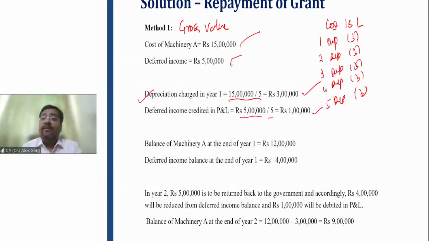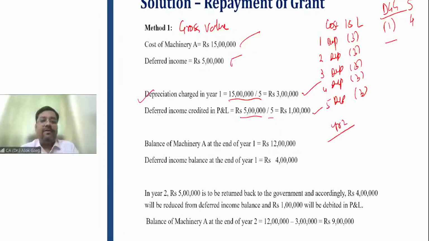What about the deferred government grant? The deferred government grant was 5 lakh rupees. In year 1, it was amortized by 1 lakh rupees. The balance was 4 lakh. In year 2, the default happened. So in year 2, this deferred government grant was repayable. So what is the accounting entry?